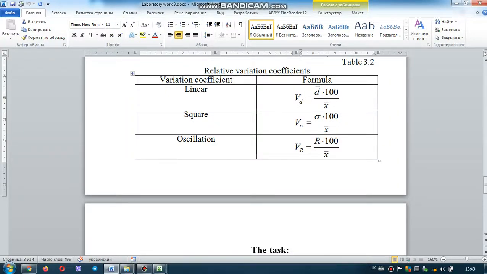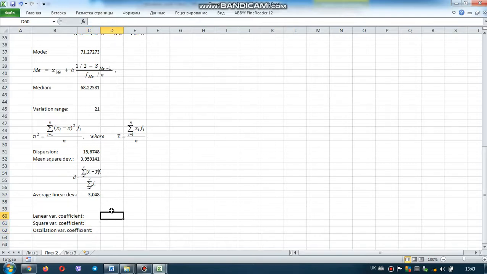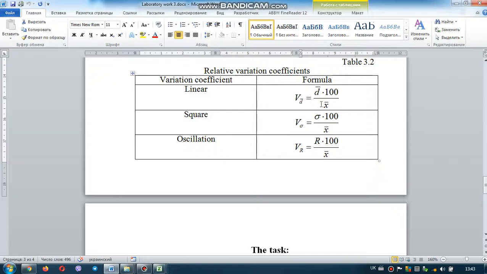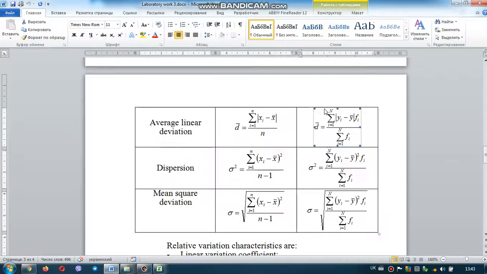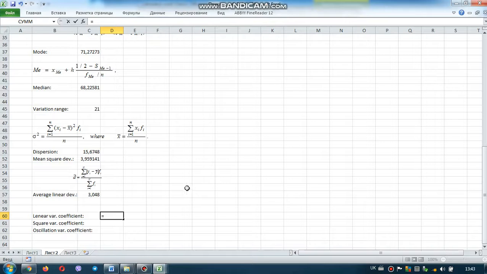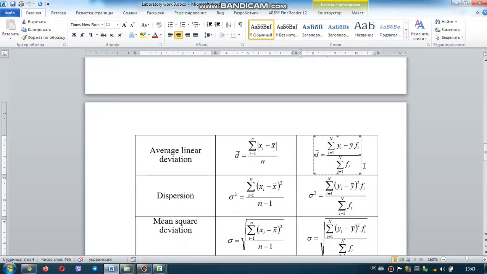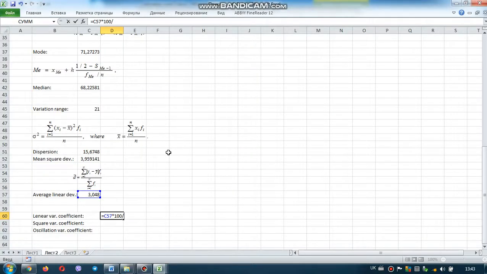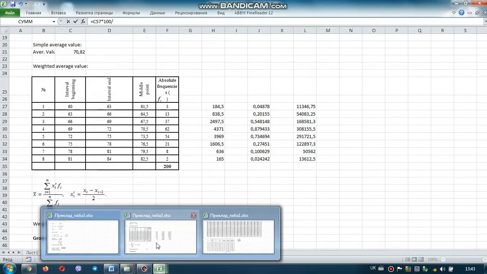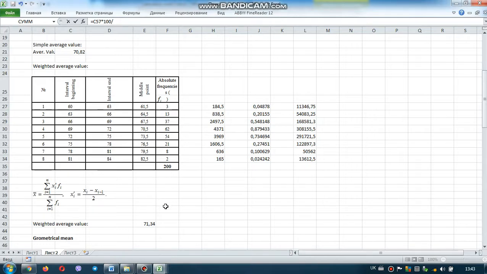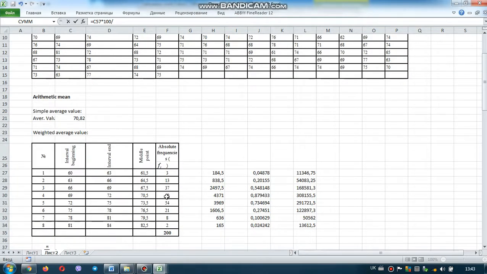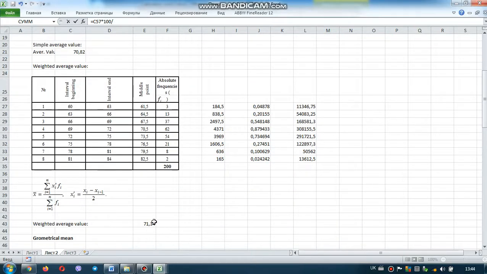First is the linear variation coefficient. Weighted average value.